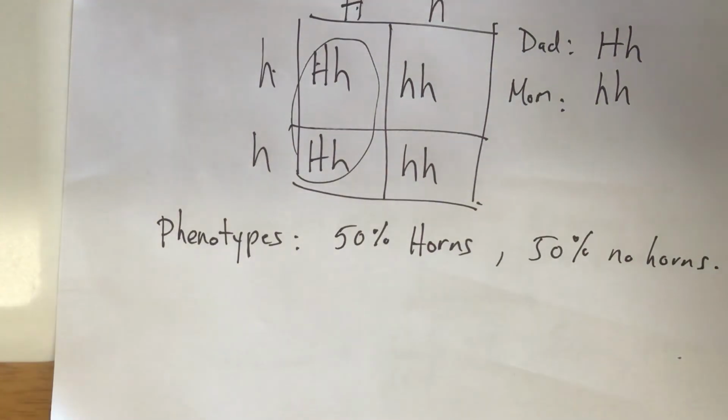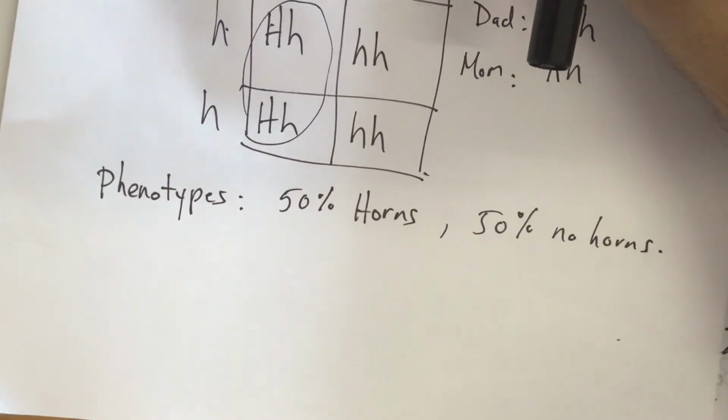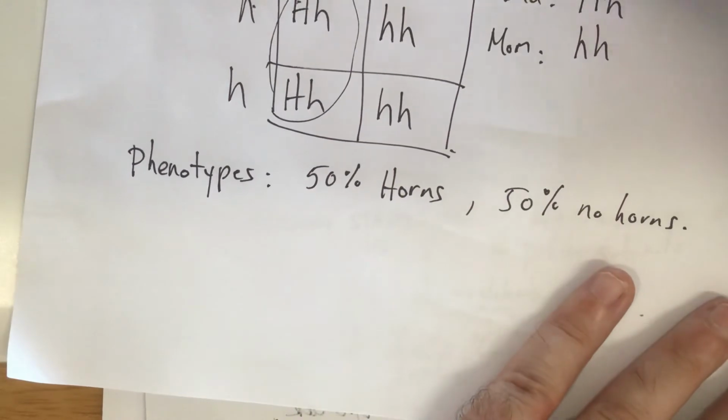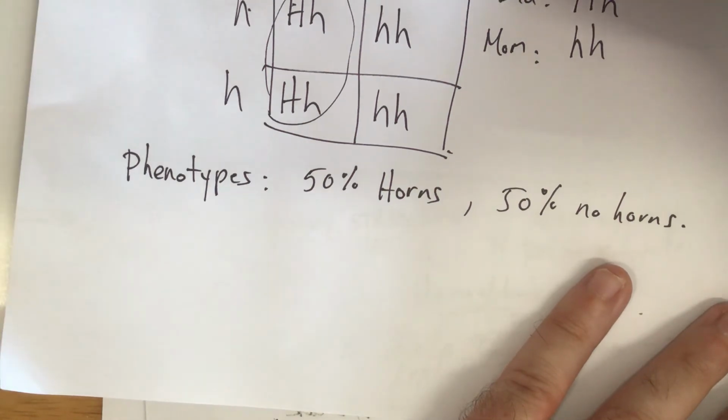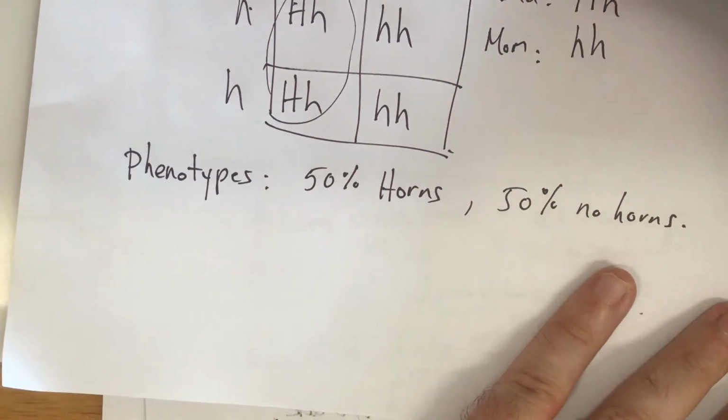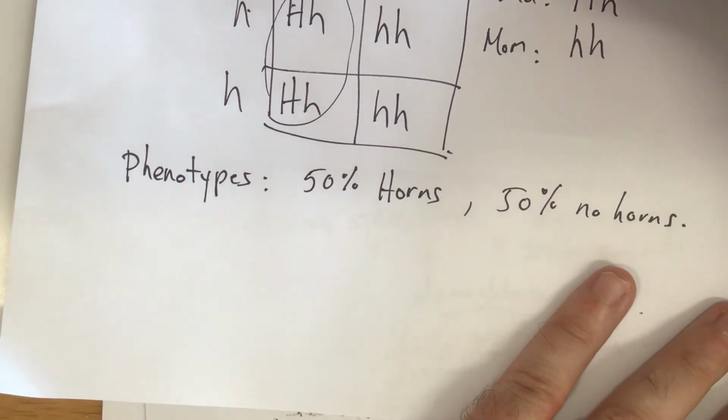So just in case percentages are still a little bit abstract, what that means is, say this mom and this dad here had 4 children. We would expect, on average, 2 of the children to have horns and 2 of the children not to have horns. Now, is that always the case that happens?